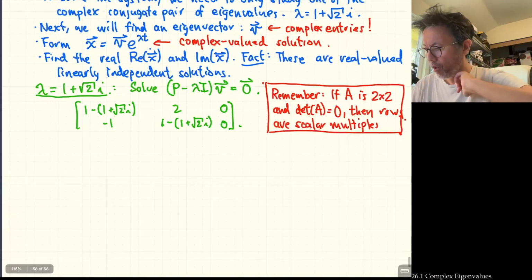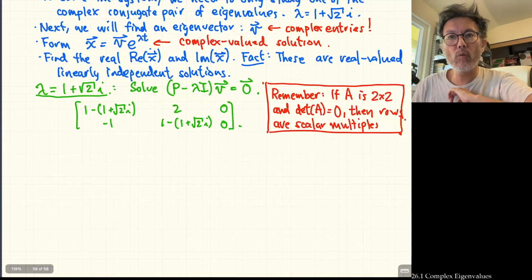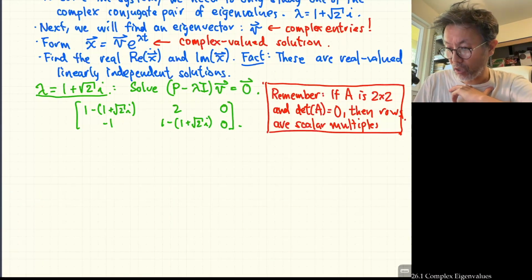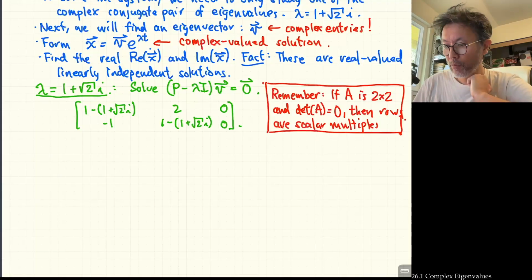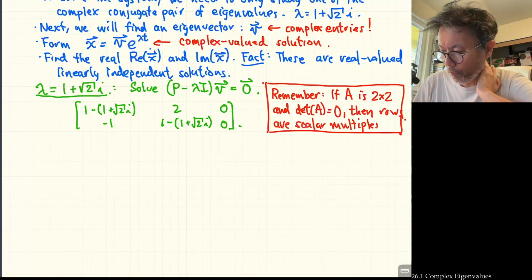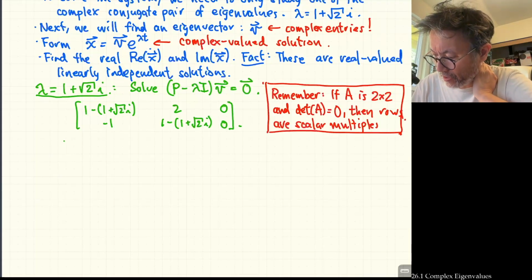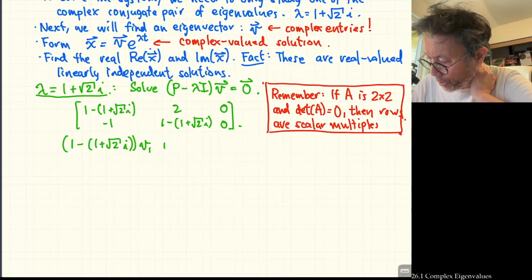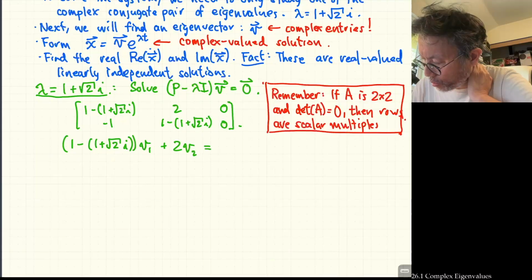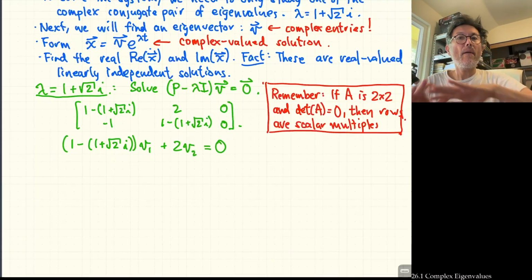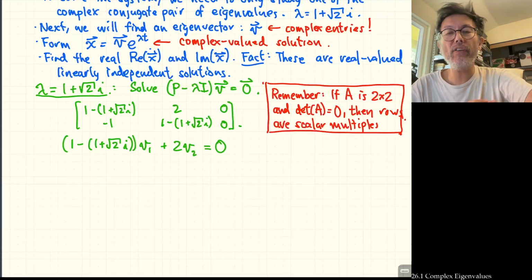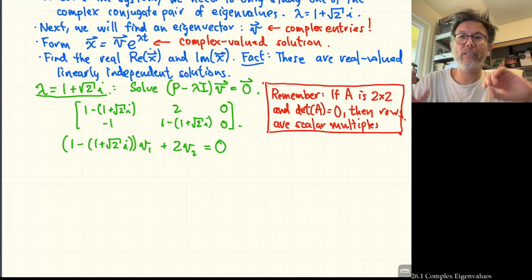I can ignore the second row altogether and just conclude that what must be true about this eigenvector is that (1 minus (1 plus square root of 2 times i)) times V1 plus 2V2 is equal to 0. And that characterizes my eigenvector V1, V2 completely, okay?